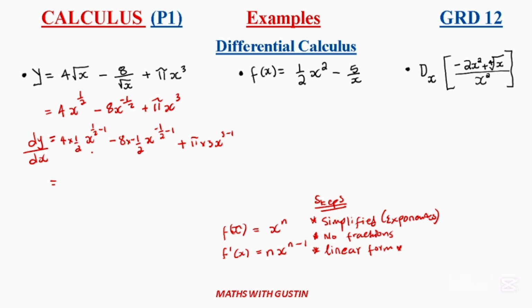So with this, you need to simplify. You're going to be left with 2 here. Then here is going to be x to the power of negative half when you minus 1. Here you're going to be left with positive 4, and you're going to have x to the power of negative half minus 1, which is negative 3 over 2. Therefore plus 3 pi x squared.